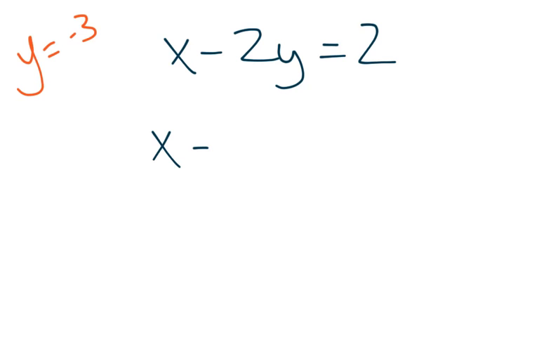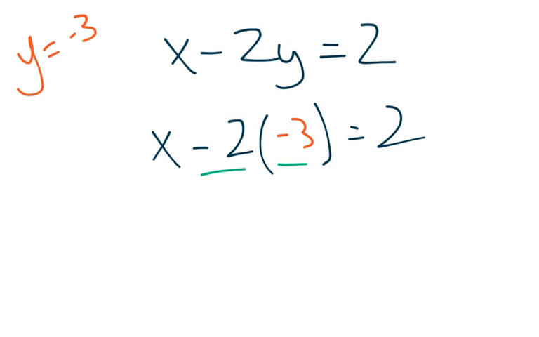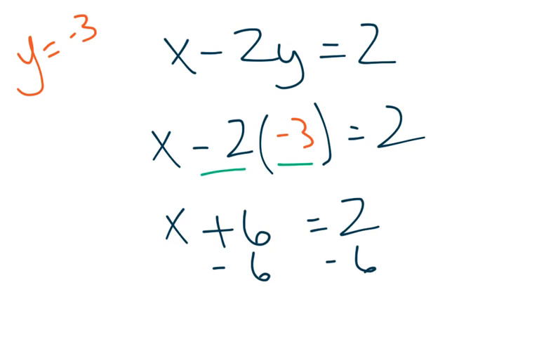So we got x minus 2 times -3 equals 2. Well, -2 times -3 is positive 6. So x plus 6 equals 2. And if we subtract 6 from both sides, we get that x is -4.